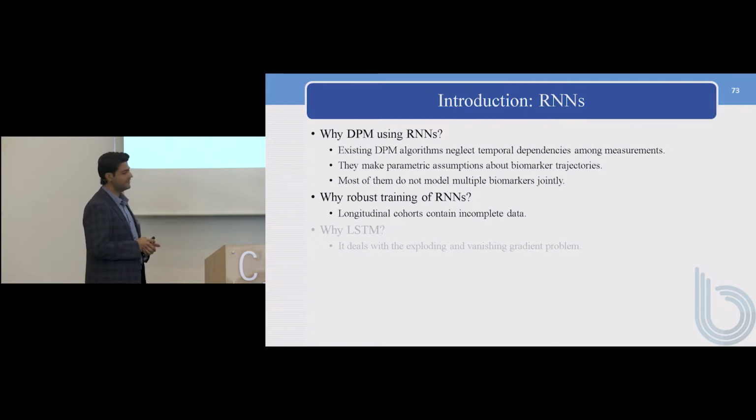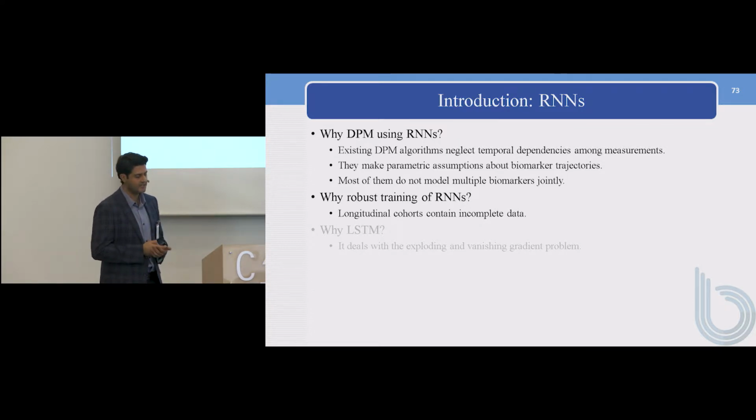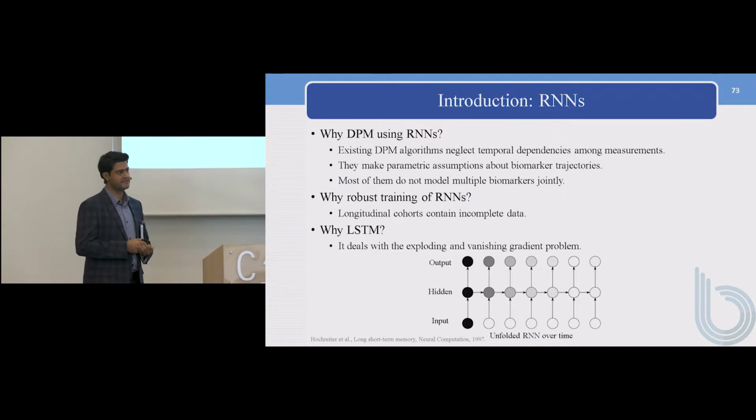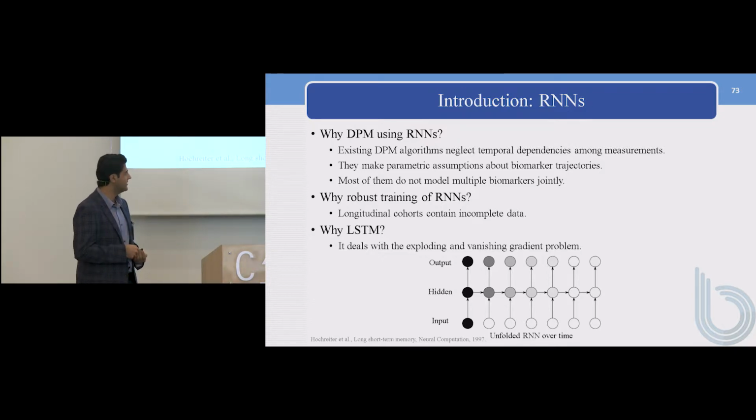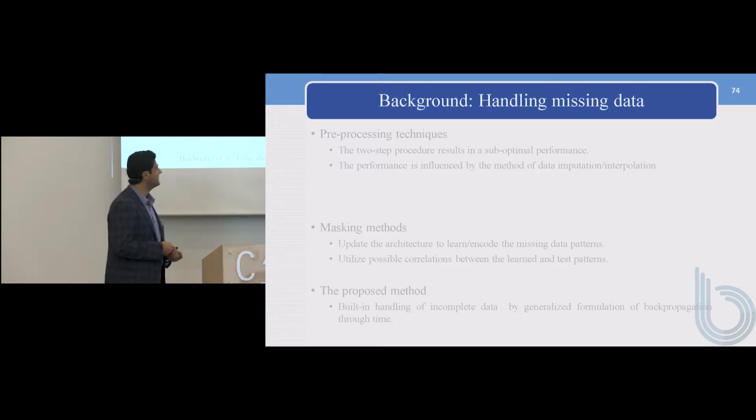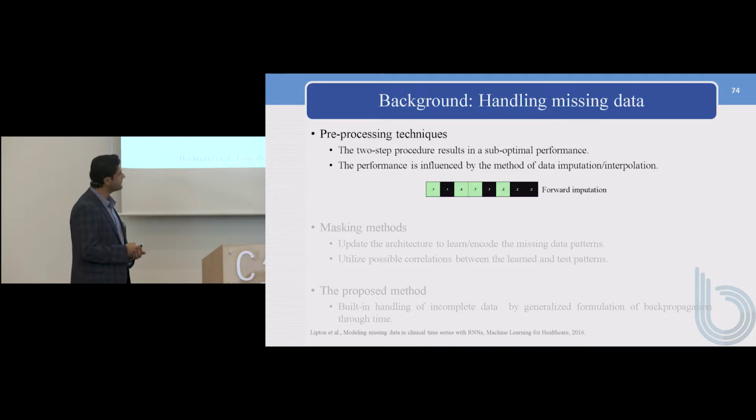Robust training of RNNs is necessary because longitudinal cohorts contain incomplete data, which hinders the application of basic RNNs. We will focus on the LSTM network because it can deal with exploding and vanishing gradients. As you can see, over the course of time the network begins to forget the initial values of the input, and LSTMs are going to deal with this problem.